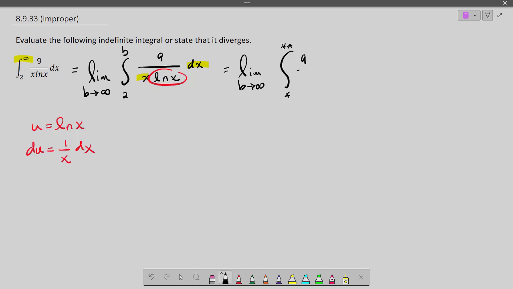So we're going to write it as 1 over u du and then multiplied by 9. We have that. And we know what the antiderivative of that is. So this will be 9 times the natural log of the absolute value of u with these placeholder limits.